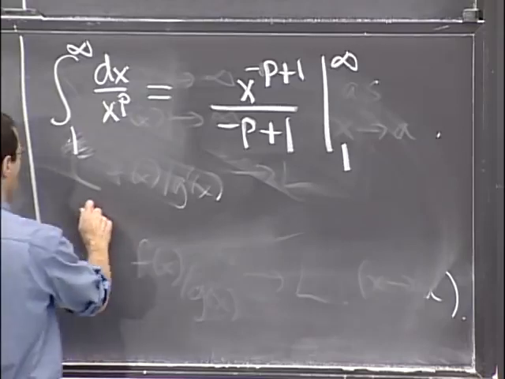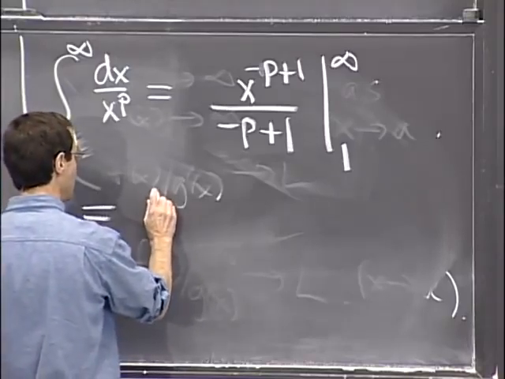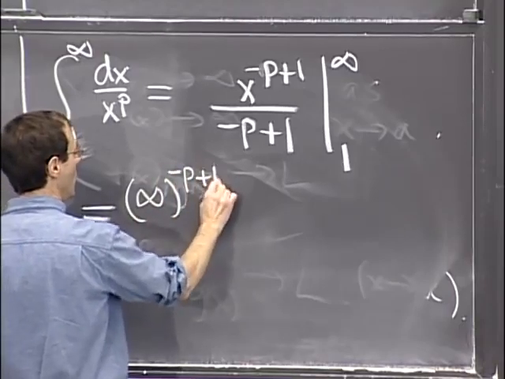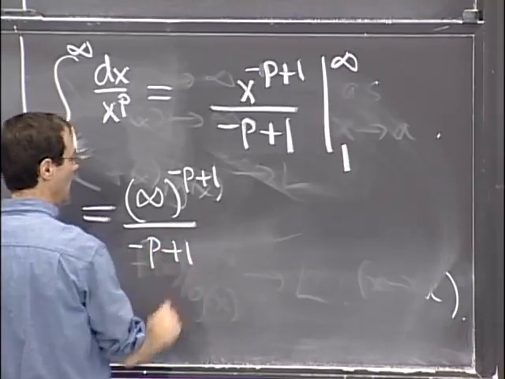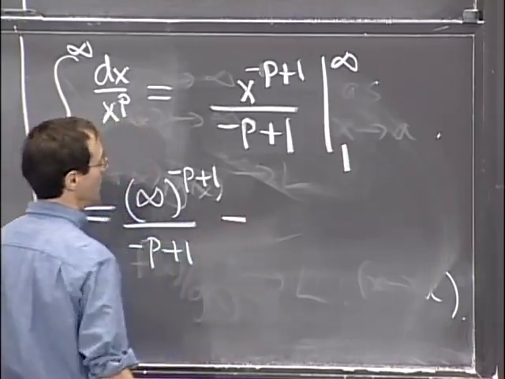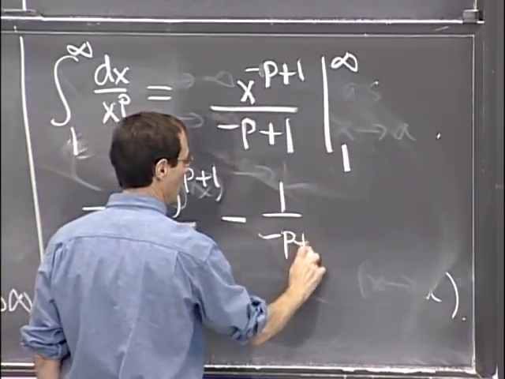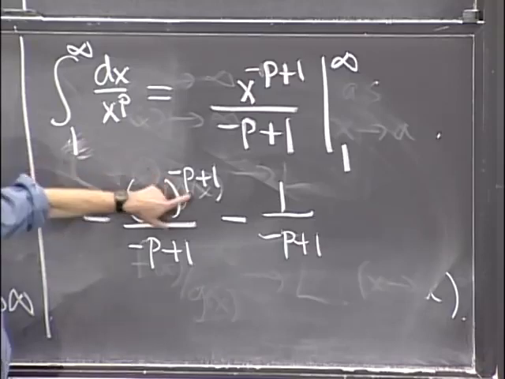So now I'll write this down, but I'm going to be particularly careful here. It's infinity to the minus p plus 1 over minus p plus 1, minus, so I plug in 1 here, so I get 1 over minus p plus 1. All right, so this is what I'm getting. Again, what you should be thinking here is this is a very large number to this power.